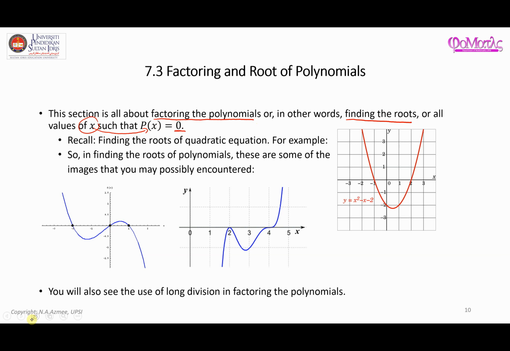So let us recall the idea of finding the roots of quadratic equation.